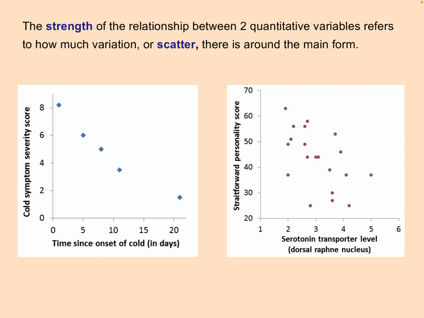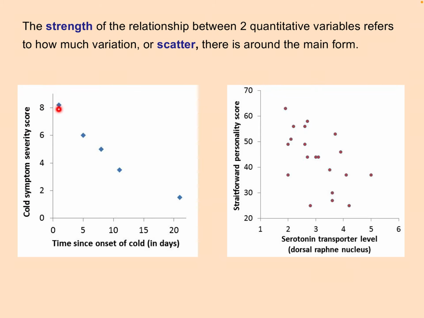Now, strength of the relationship. How closely tied is the change in the dependent variable to change in the independent variable? How closely tied is change in the response variable to the explanatory variable? So here we have time since onset of a cold in days, and here we have cold symptom severity index, some sort of subjective measure of how intense the symptoms of a cold are.